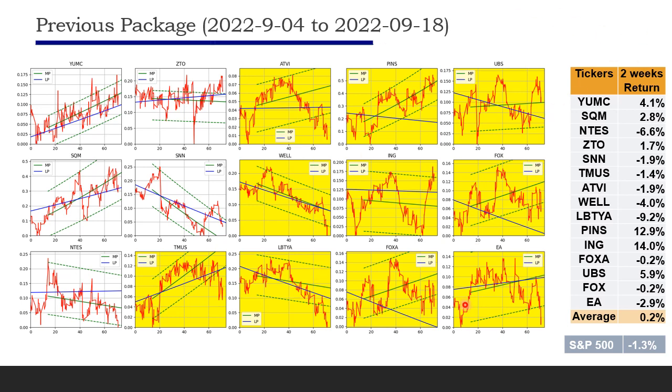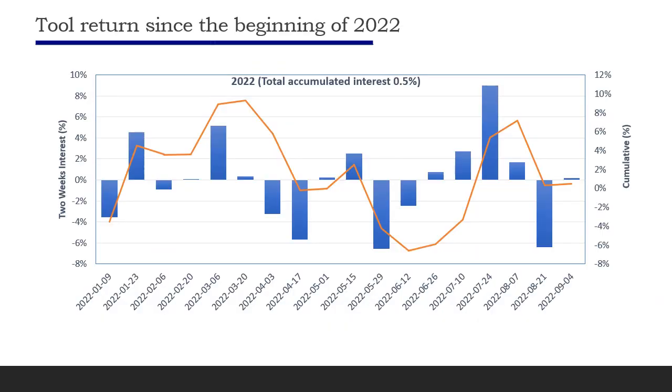And yeah, then let's add this average to our performance since the beginning of the year. Now if we add this new package performance to our return since the beginning of the year, we end up again with something close to +0.5%.